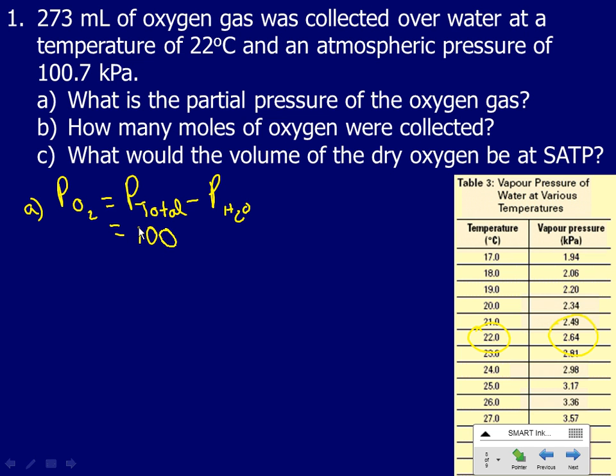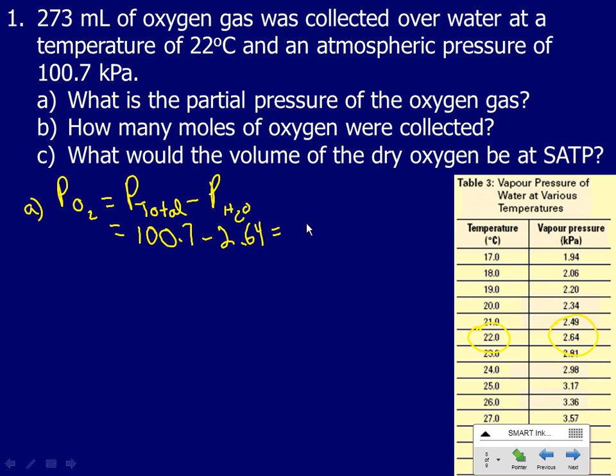The total minus the partial pressure, 2.64. This is a subtraction, so we don't keep significant digits, but we keep decimals. I'm only going to keep one decimal because my least accurate number only has one decimal. When you add or subtract, remember, it's decimals, not significant digits.